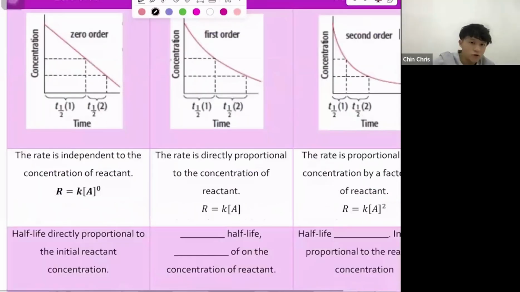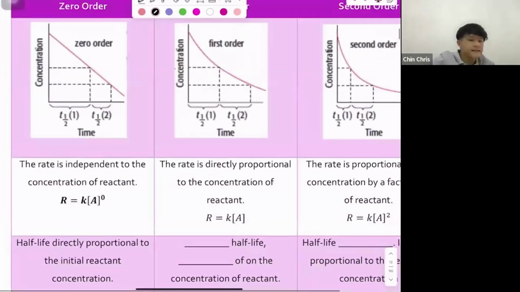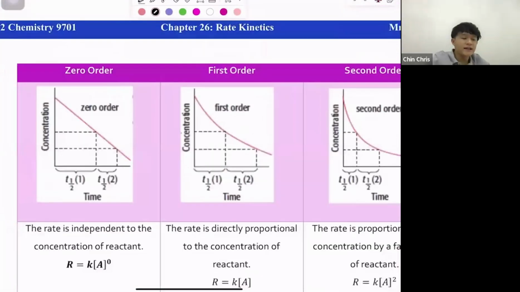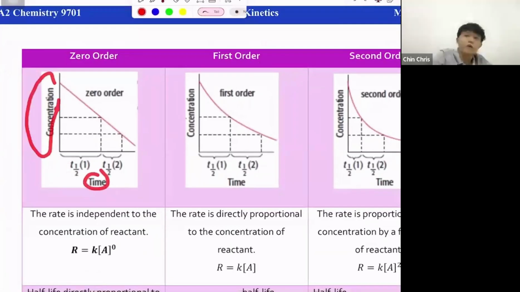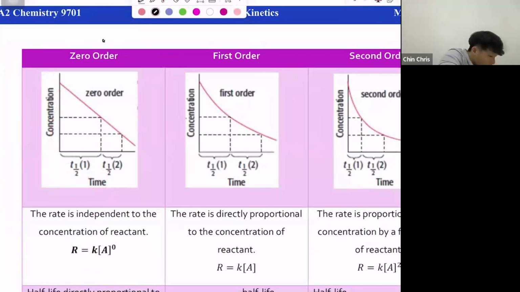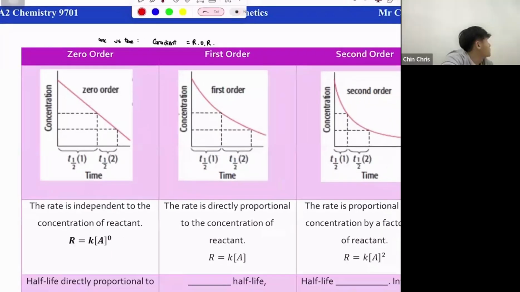All right, guys, look at zero order, first order, and second order. For zero order, the concentration versus time graph is the easiest. The first one is pretty easy: if you look at it, my gradient is constant.